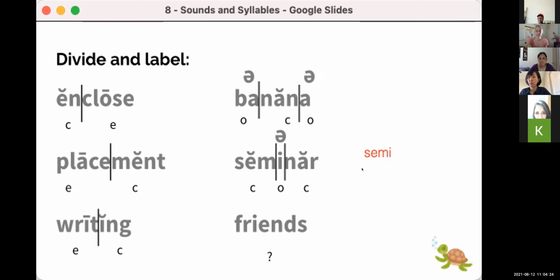In the word semi, it's an open syllable, so it's going to have that long I sound. But here, because it's in the middle of the word, it gets a different pronunciation.